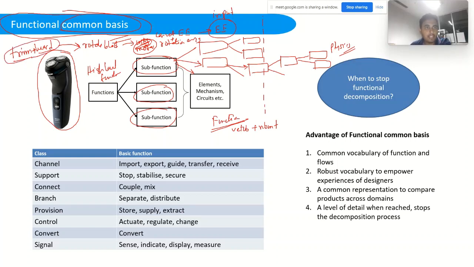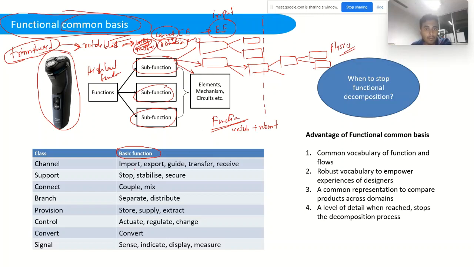So just see here, when we try to break down a higher level function to a lower level function, we end up with a verb like convert, rotate, something like that. These are the basic functions which we want to reach via this functional decomposition process.